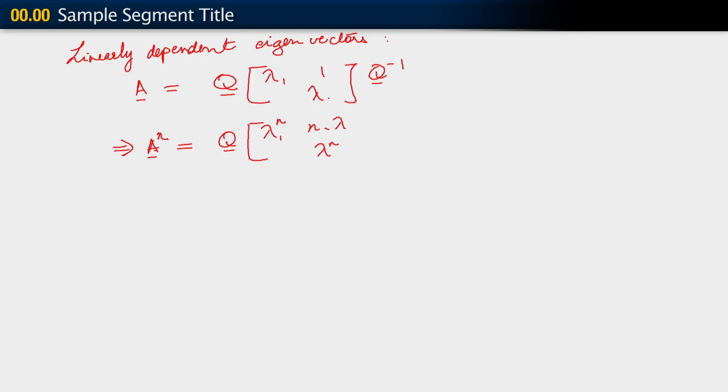In the case of linearly dependent eigenvectors, you have lambda 1 equal to lambda 2. So you get n times lambda 1 to the power n minus 1, Q inverse. And now, do you see a problem as n gets large? What you note is that if you have lambda 1 equal to 1, the off-diagonal term becomes n.